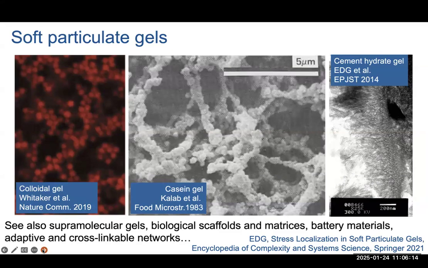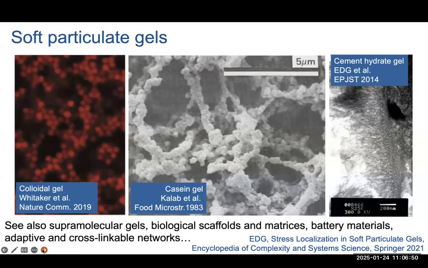For example, on the left, this is a colloidal gel where particles just self-assemble in a way that is very difficult to control, and then builds this type of network that seems much messier and less organized. We don't necessarily have the chemical architecture that is designed in polymer networks through the chemistry, which we can use as a guideline to identify where the material properties come from.